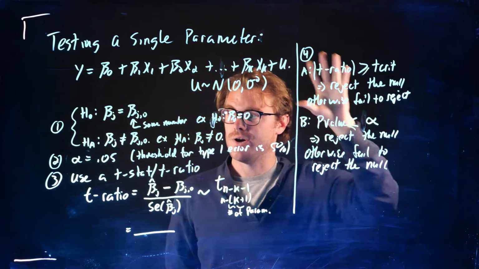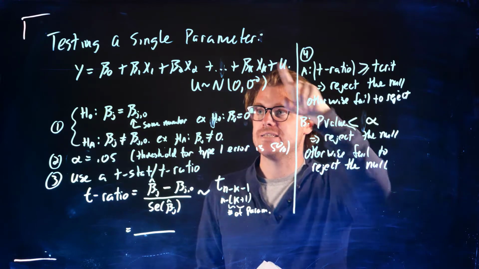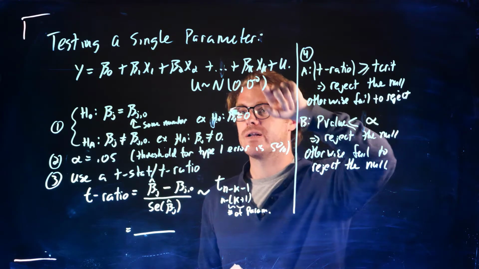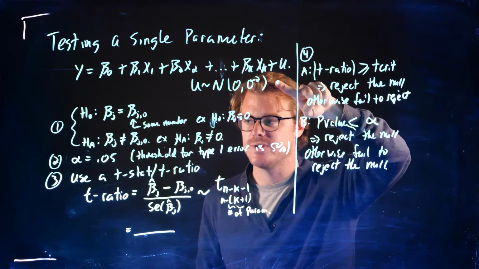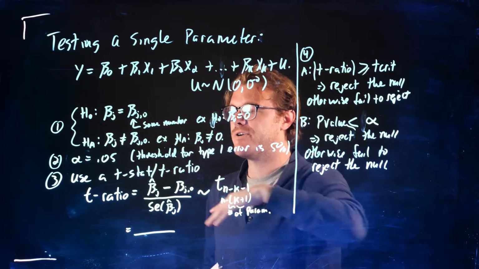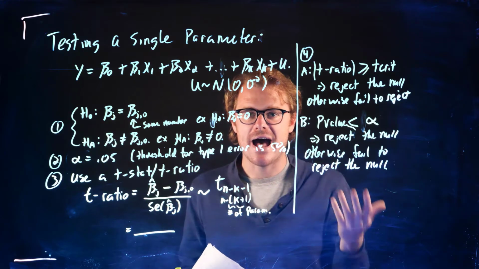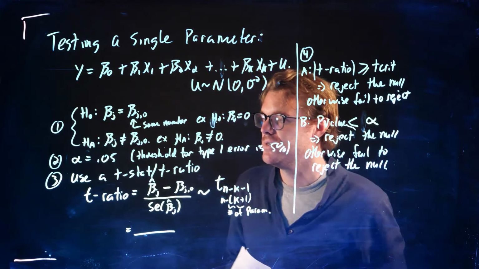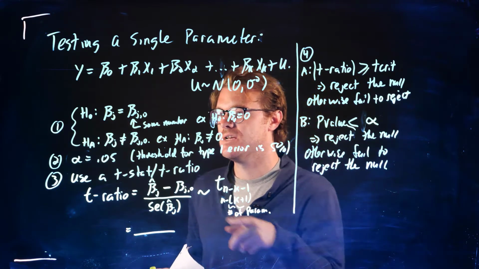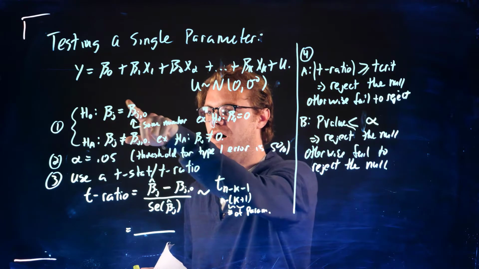All right, so these are the steps to testing a single parameter. We're going to specify our regression. We've made these 6 assumptions that we talked about. We're going to run that regression, so we have beta hats, our OLS estimates for all of these betas. We're going to specify our null hypothesis.